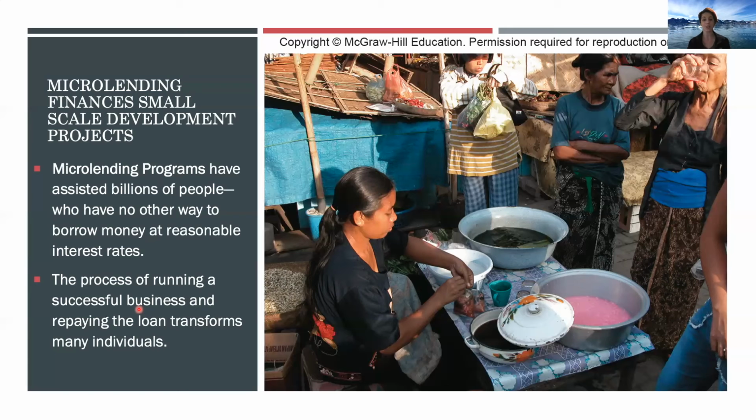And so Kiva partners with about 150 development nonprofits with staff in 60 developing countries. They identify hardworking entrepreneurs in those developing nations that really deserve help. They then post a photo and brief introduction to each one on the Kiva webpage.